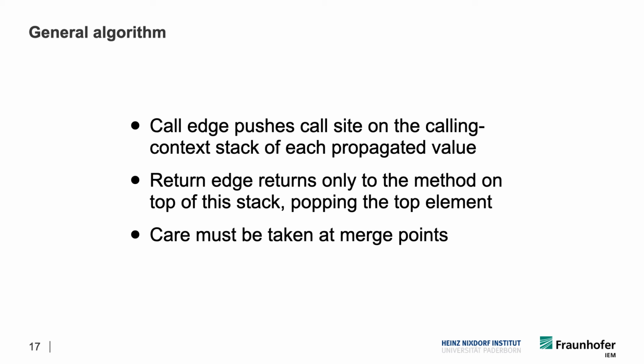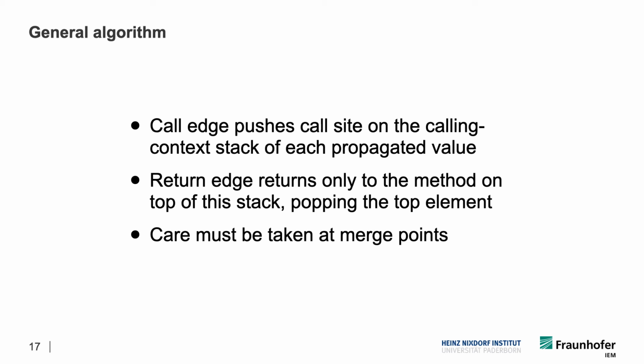There's only one other thing that needs to be taken care of and kept in mind, and that is that you need to specially treat merge operations at control flow merge points. Remember that in the context insensitive analysis, we had a very simple domain. We were propagating our regular data flow facts, but now we have extended our abstract domain with these calling context strings.